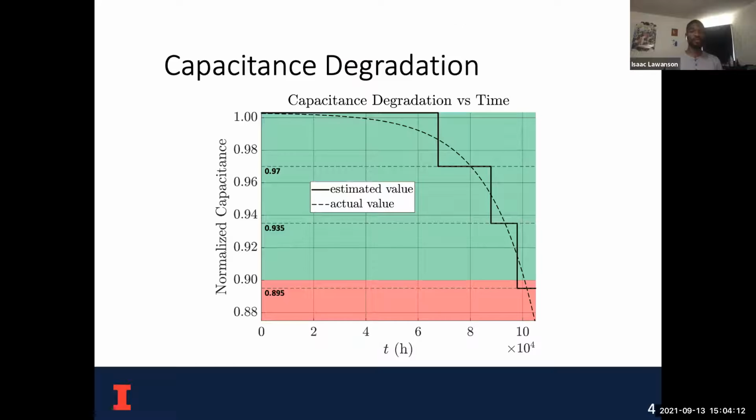So for all the converter architectures, I said that they all have capacitors. So there are some failure states that are associated with the failure of those capacitors. And we quantized the capacitor's life into these 4 stages.